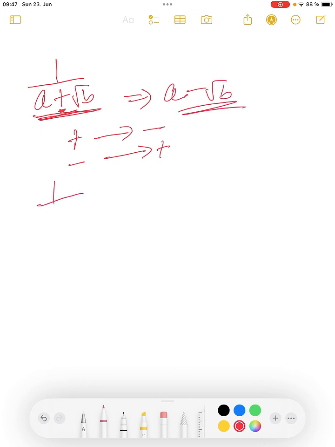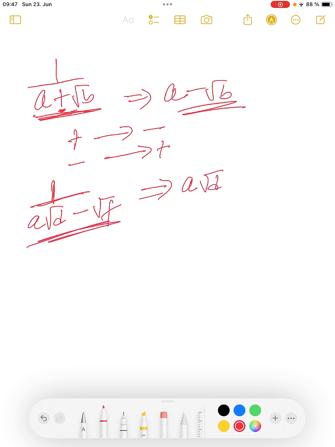So if you want to find the conjugate of 1 over a root d minus root f, the conjugate of the denominator is a root d plus root f, reversing the sign. That's how to get the conjugate.